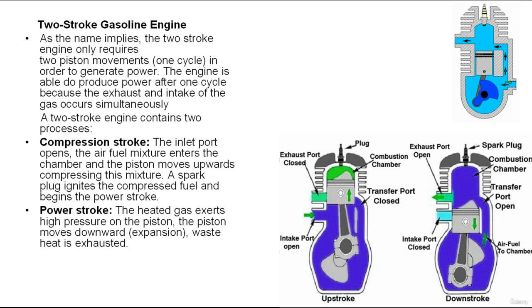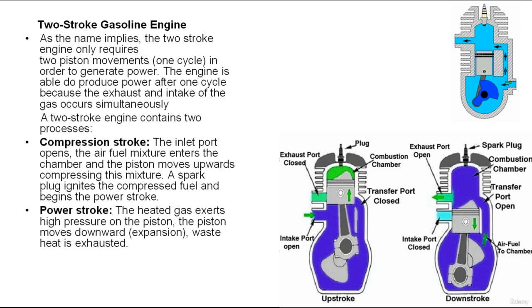First, movement of the piston from BDC, bottom dead center, to TDC, top dead center, completes both intake and compression. Second, when the piston nears TDC, the compressed air-fuel mixture is ignited, causing an expansion of the gases. During this time, the intake and exhaust ports are closed.